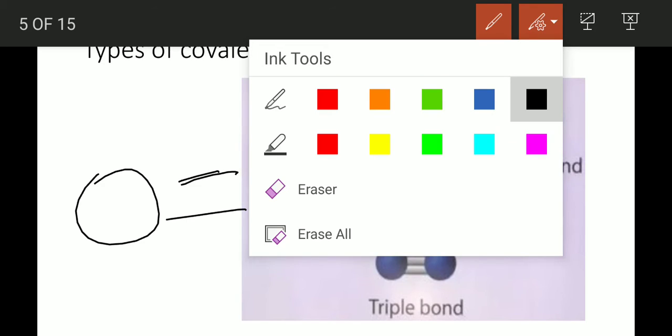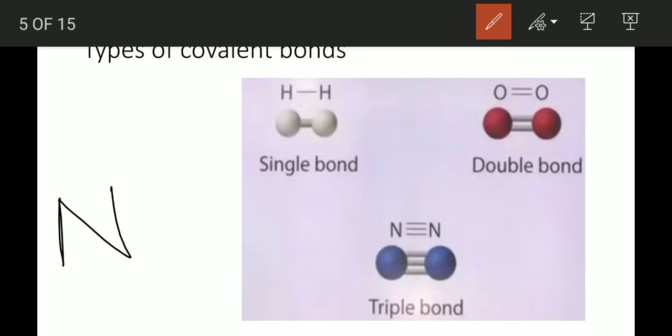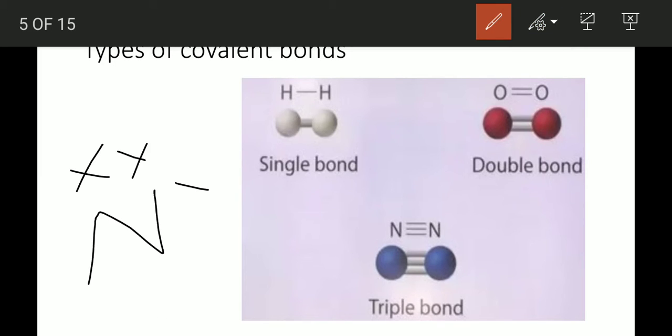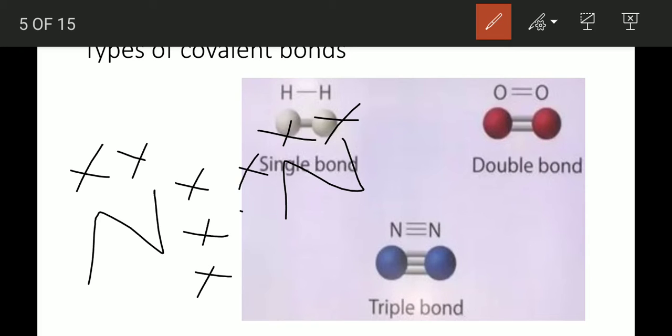And next is triple bond. Suppose there is a nitrogen, its electronic configuration is 2, 5. Here what happens? This nitrogen shares its 3 electrons with another nitrogen and becomes stable.